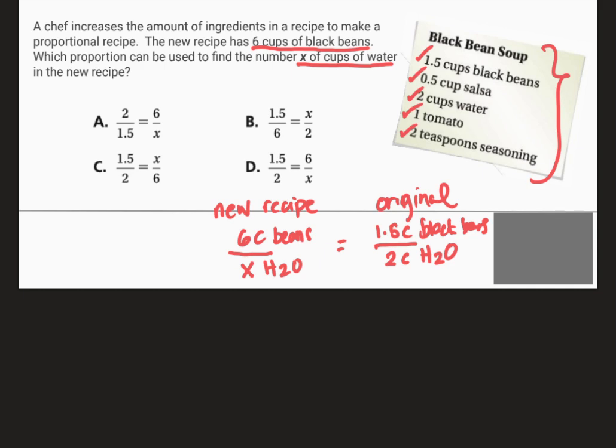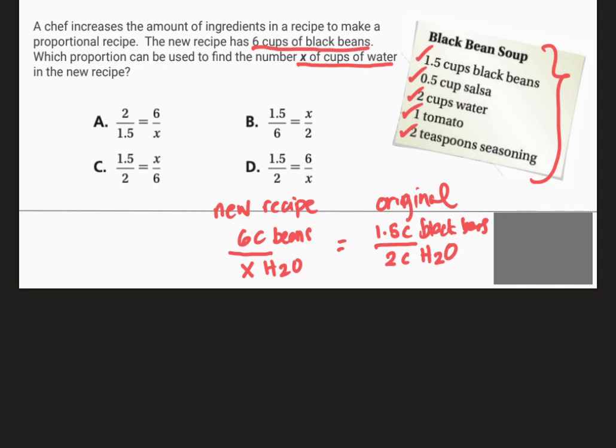So 6 over X is equal to: 6 cups of beans to an unknown amount of water, and in the original recipe, 1.5 cups of beans to 2 cups of water. So let's see if we can find our proportion among the choices.